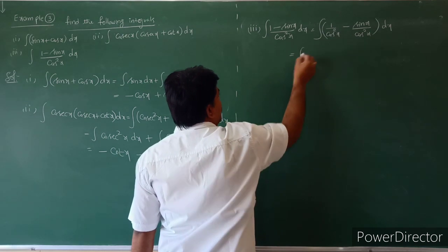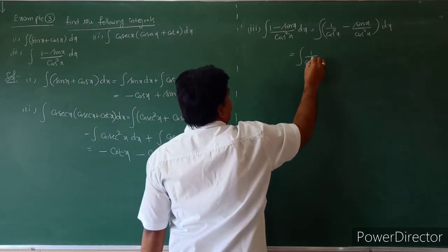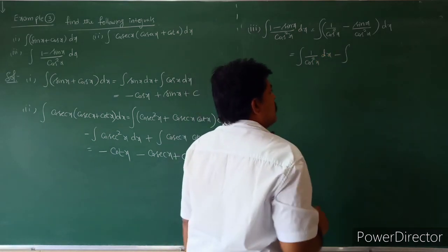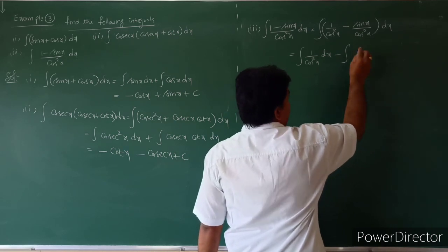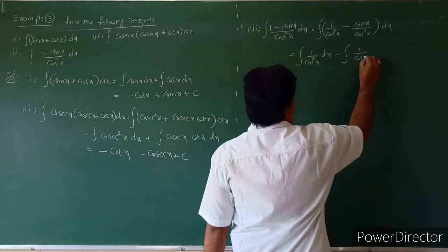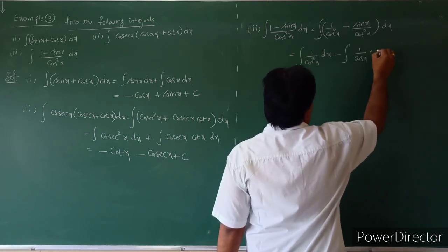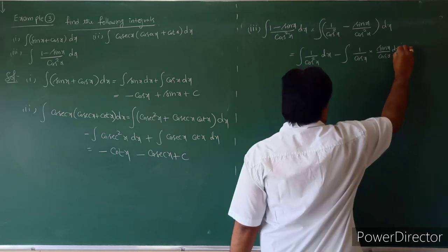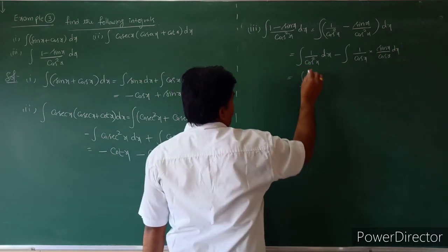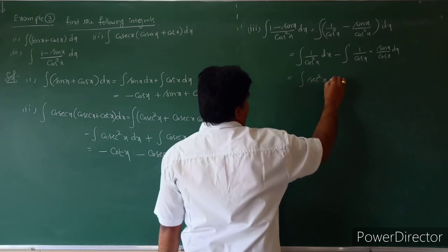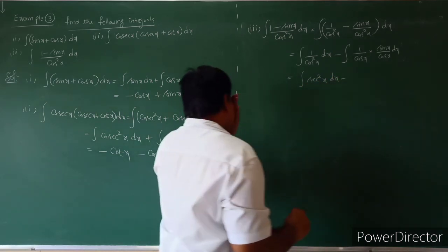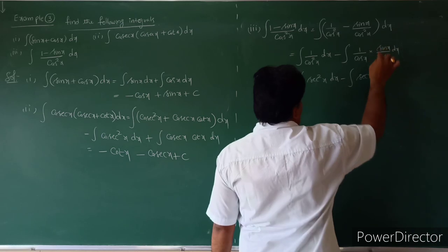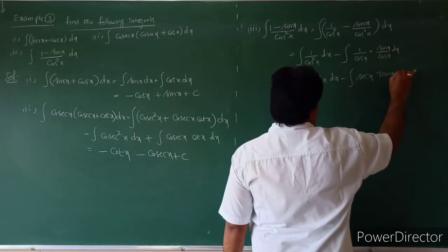And you can write it as integral of 1 by cos square x into dx minus integral of, how can you write this, students? We already applied this condition: 1 by cos x into sin x by cos x into dx. So that is equal to integral of 1 by cos square, which is nothing but secant square x, into dx minus integral of 1 by cos, which is secant x, sin x by cos x is tan x, into dx.